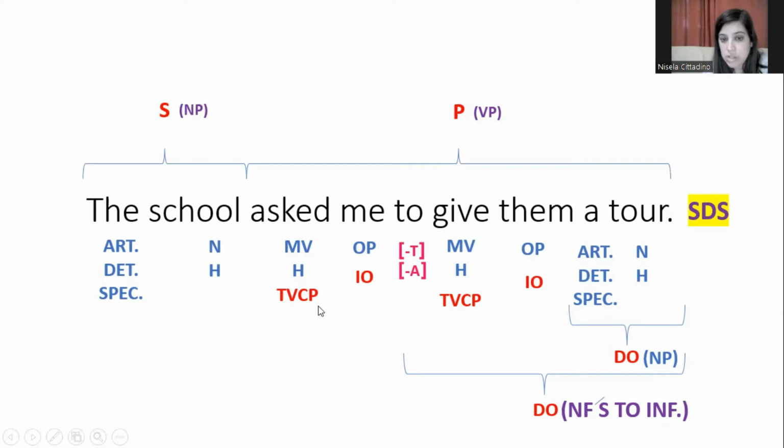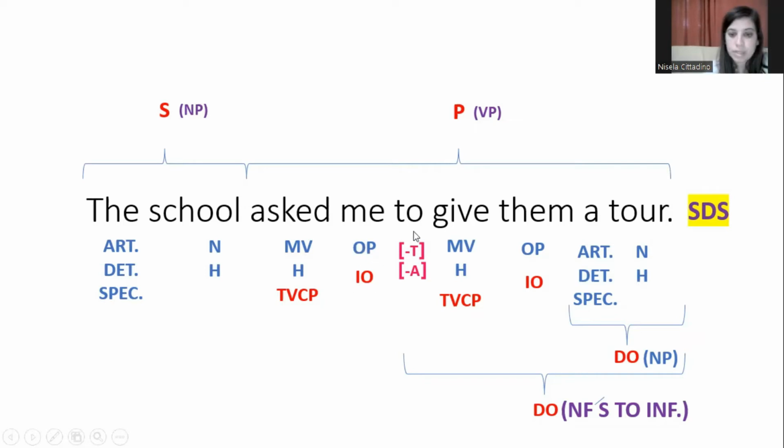Me is the indirect object. Yes, they asked what? To give them a tour. To give them a tour is the direct object. They asked this to whom? To me. So me is the indirect object, and it is an objective pronoun.